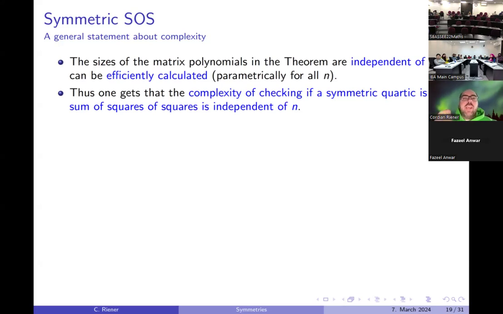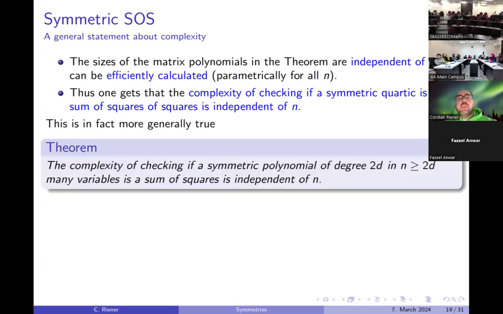So it's as hard or as easy to check if a symmetric polynomial of degree 4 in 100 variables is a sum of squares as it is for 1,000,000 variables. A little bit numerically unstable, maybe, because this coefficient n is somehow inside. So this is something we have to keep in mind.